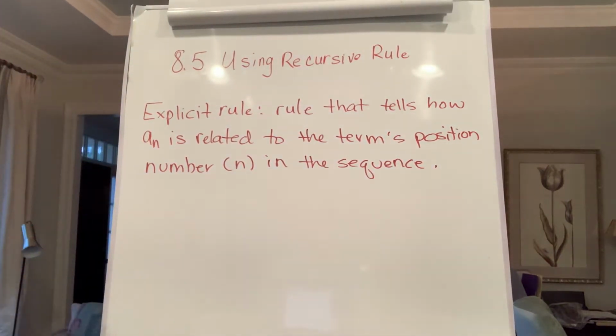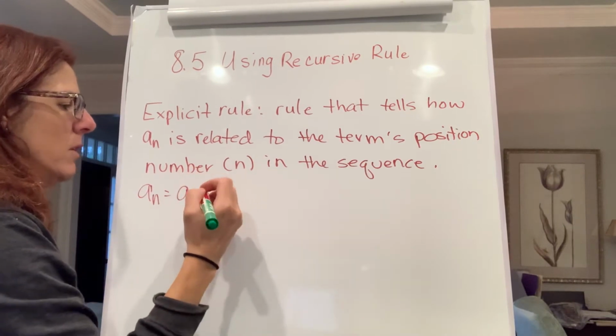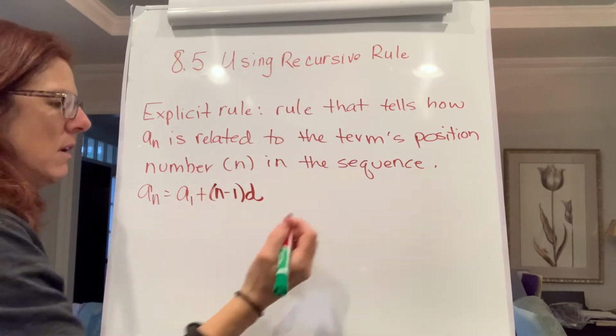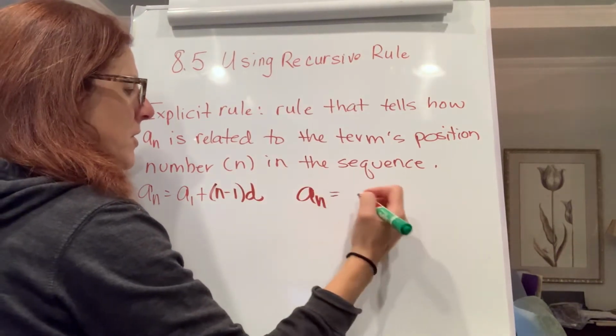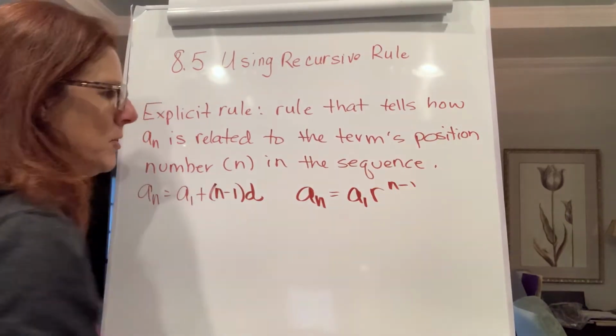All right, so those were our formulas for arithmetic, where you just needed to know the first term and the common difference. And then for geometric, you just needed to know the first term and the common ratio.